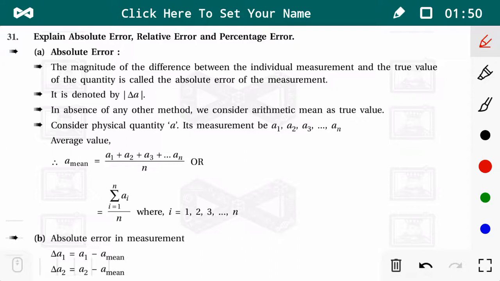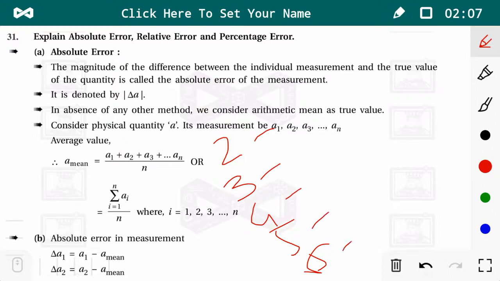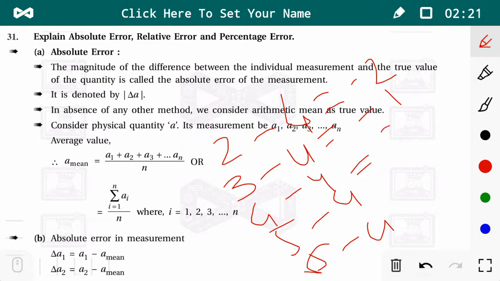I will subtract each of these observations, 2, 3, 4, 5 and 6, from 4, and I get the results -2, -1, 0, 1, 2.